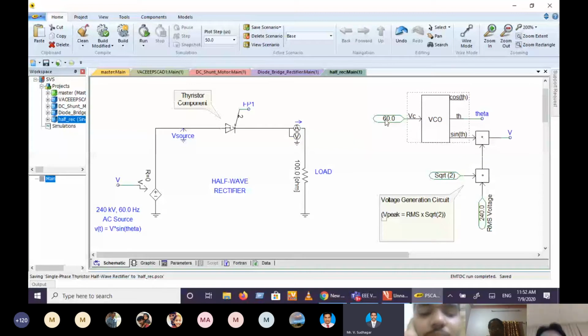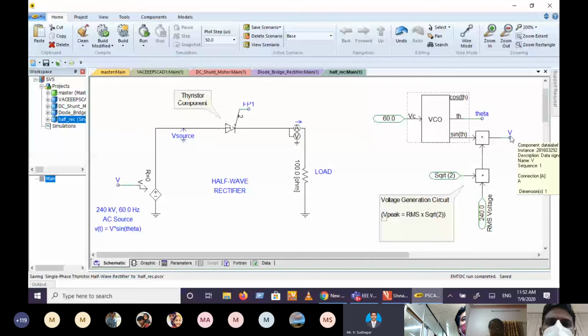With the help of this block, we are converting the sinusoidal voltages into one which is having a 240 volt RMS value, right? So simple multiplication. So root 2 will be multiplied with the sinusoidal supply to get a sinusoidal voltage which is having an RMS value of 240.